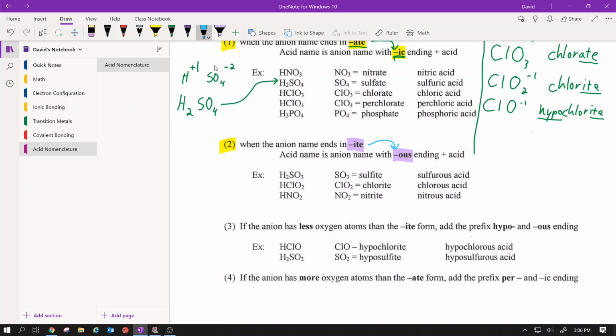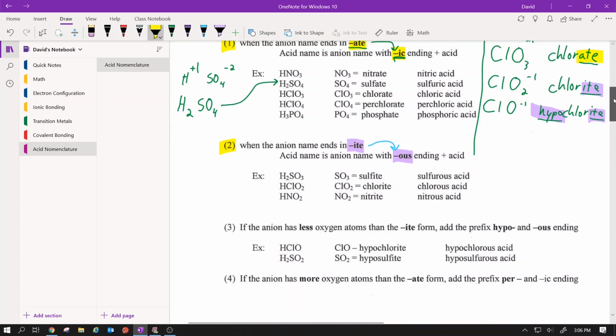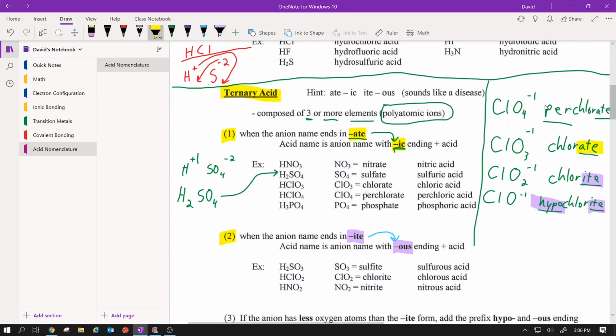So if it is an ite, whether it's a chlorite or a hypochlorite, it will turn into an ous. If it is an ate or a perate, then it will turn into an ic. All right?